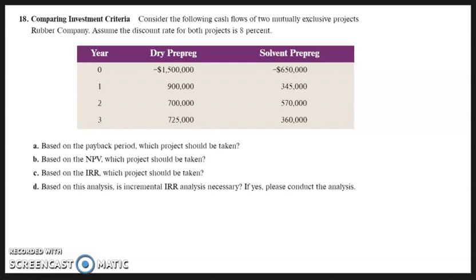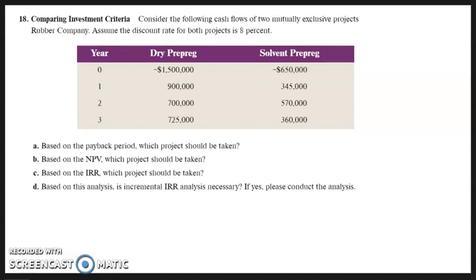So we've got DP and SP, and then we've got initial cash flows and three years. The first thing to do, since I don't have a lot of room on the page here, is to label them.